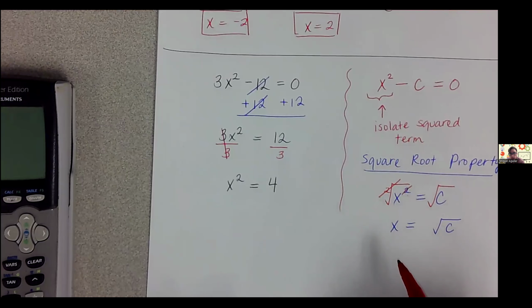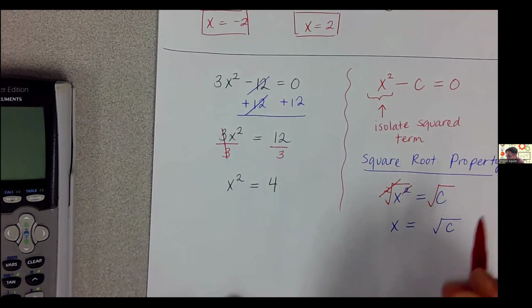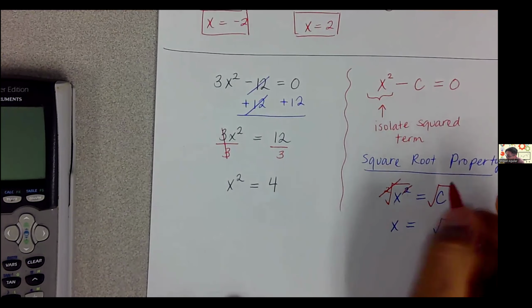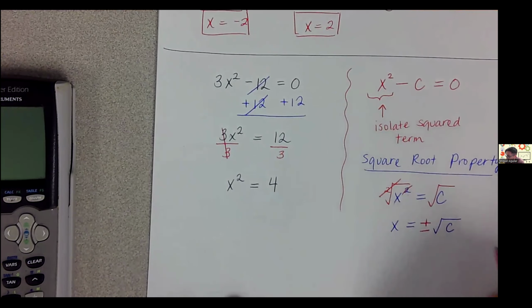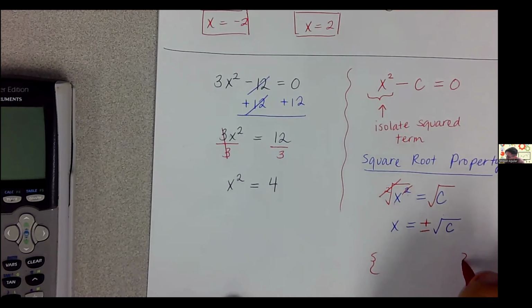Another way that other instructors describe this is that whenever you take the square root of something squared, you have to introduce a plus or minus symbol. Why are we introducing the plus or minus symbol? It's because the solution set for these quadratic equations should have two solutions.